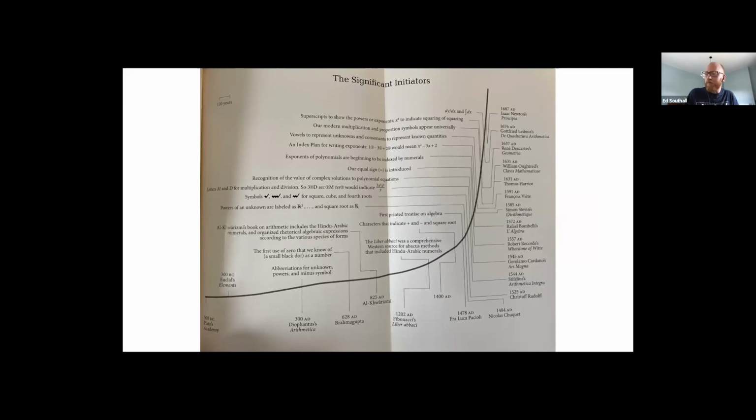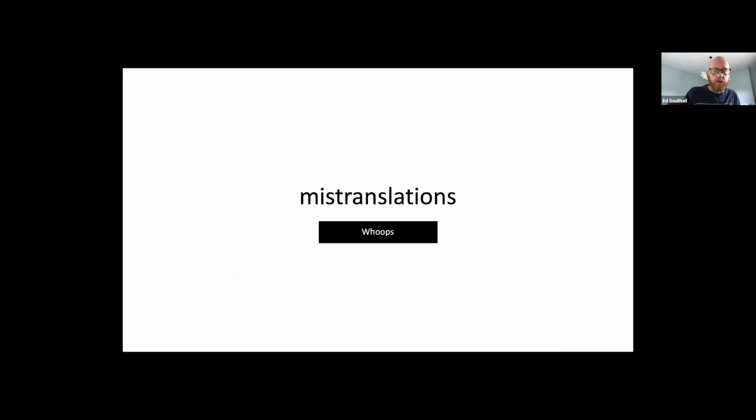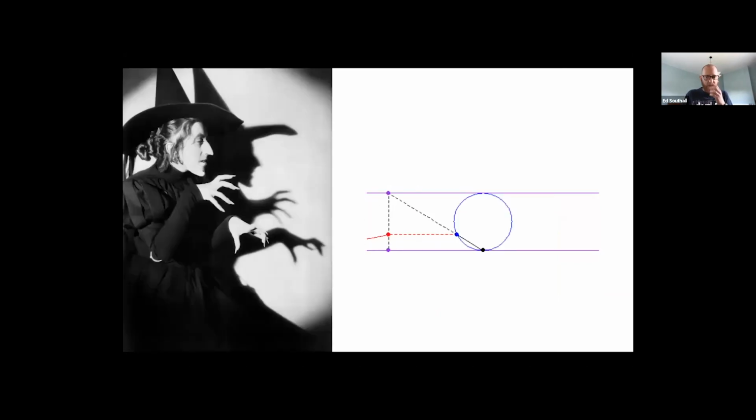Okay, finally, I'm going to race through these because I think people will know some of them. Anyway, some fantastic mistranslations in maths. We have The Witch of Agnesi, which is not in the GCSE curriculum. But this term witch is really odd, and it shouldn't be called witch at all.